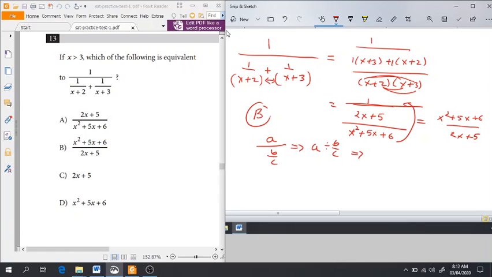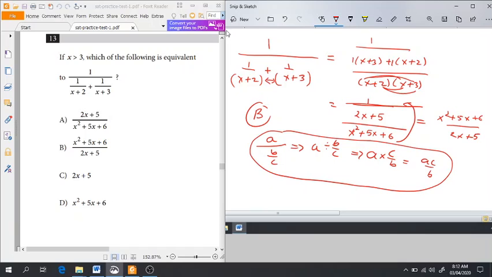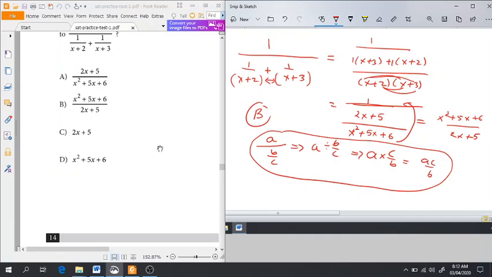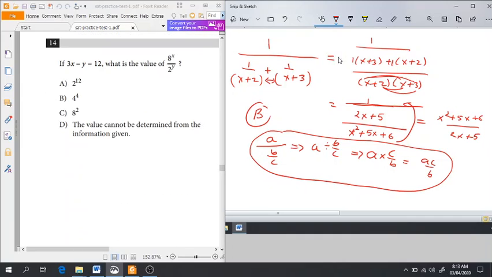Just by flipping the second term. First term a as it is, b over c can be written as c over b, and that can be written as ac over b. This is how I'm taking that to the numerator. Now let's go to question number 14.